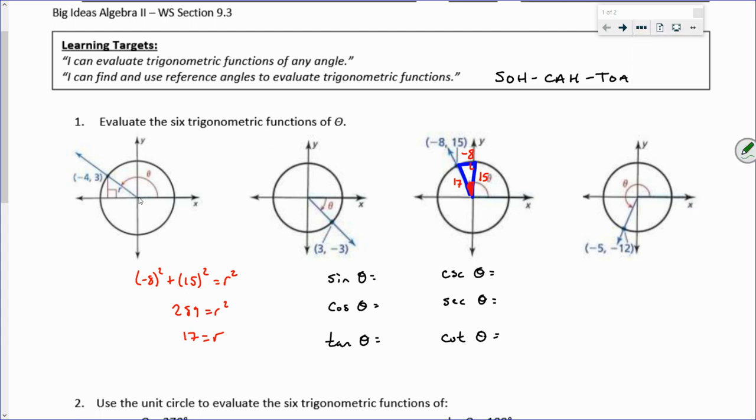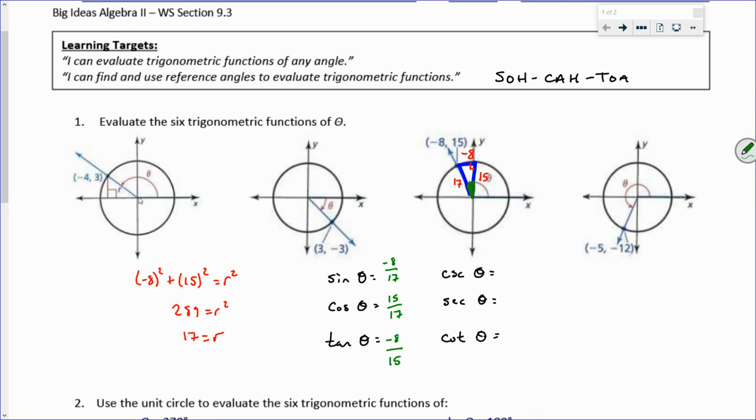So again, I'm going to use this acute angle that's touching the x-axis as my quote-unquote reference angle. Opposite to that angle, it's -8 over hypotenuse. Adjacent to that angle, it's 15 over hypotenuse. And opposite of that angle over adjacent.